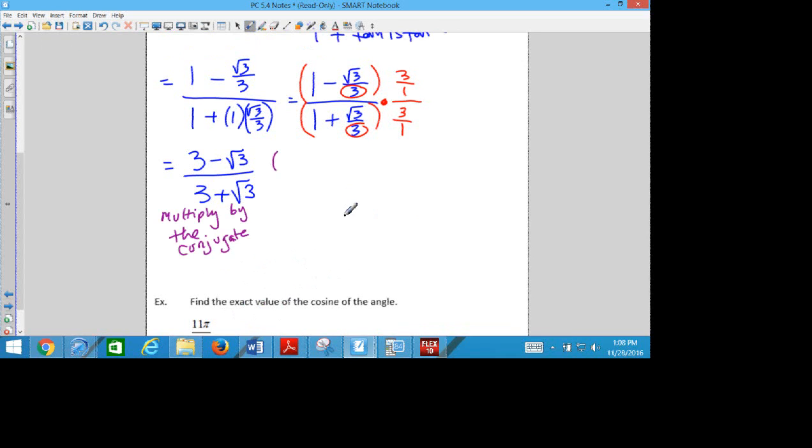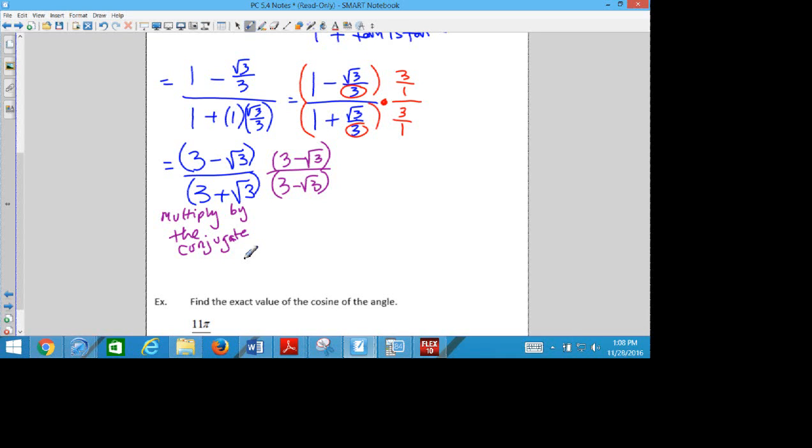So we're going to multiply the top and the bottom by 3 minus square root of 3. The conjugate is just whatever's in the denominator, change the sign in the middle. So the denominator was 3 plus radical 3, you make it 3 minus radical 3. And then multiply by the same thing on top.